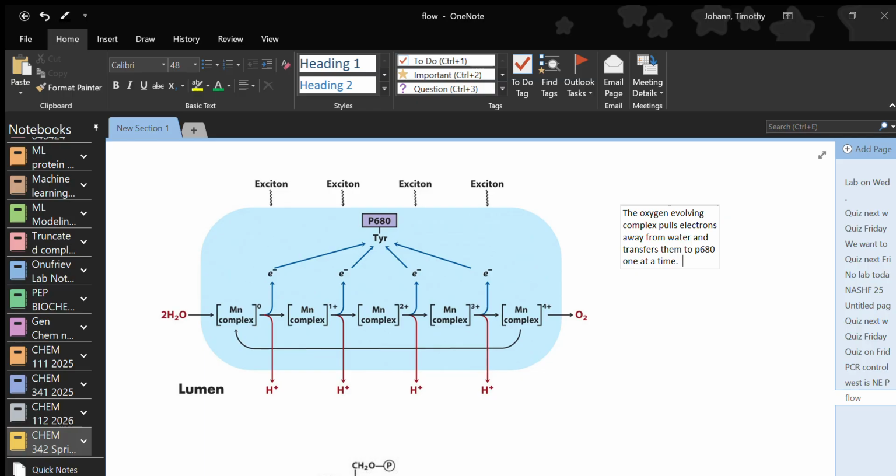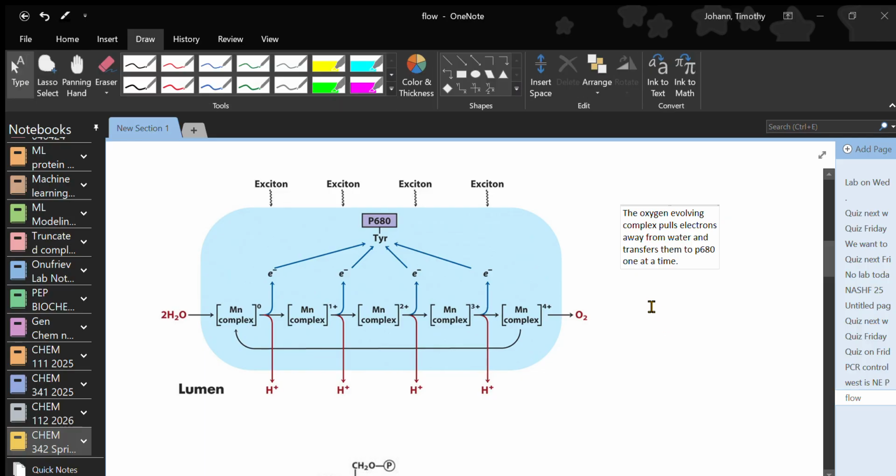This is an interesting complex, and it has manganese in it. Okay, manganese, very oxidizing metal. And so one thing I think is interesting about this is this is one of those examples. Remember, vitamin E could form a very stable radical.